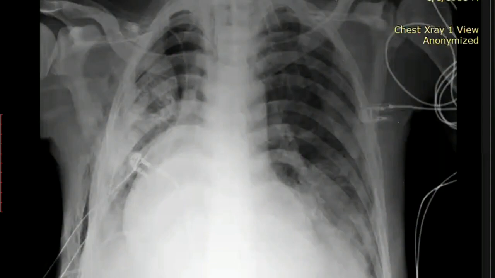Now I'm looking at the trachea, which is central, and the bones are unremarkable.